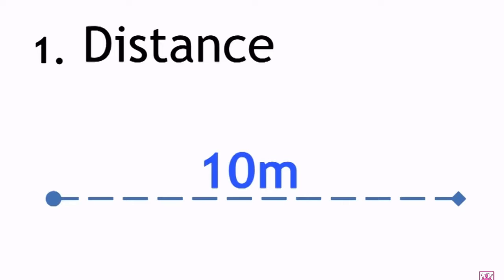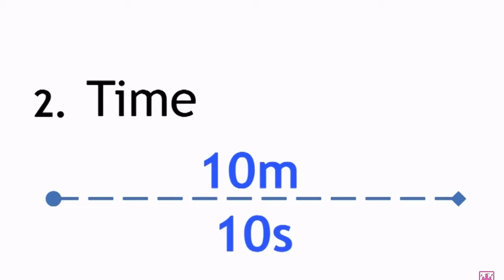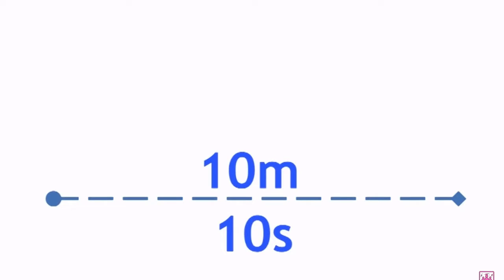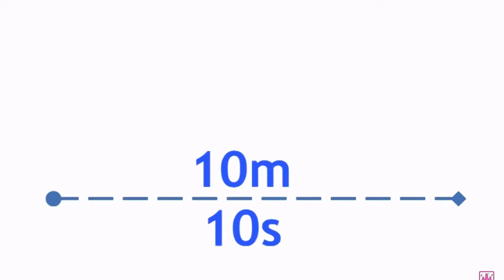It's a scalar quantity, which means it is defined only by magnitude. A related concept, average velocity, is a vector quantity. A vector quantity is defined by magnitude and direction.